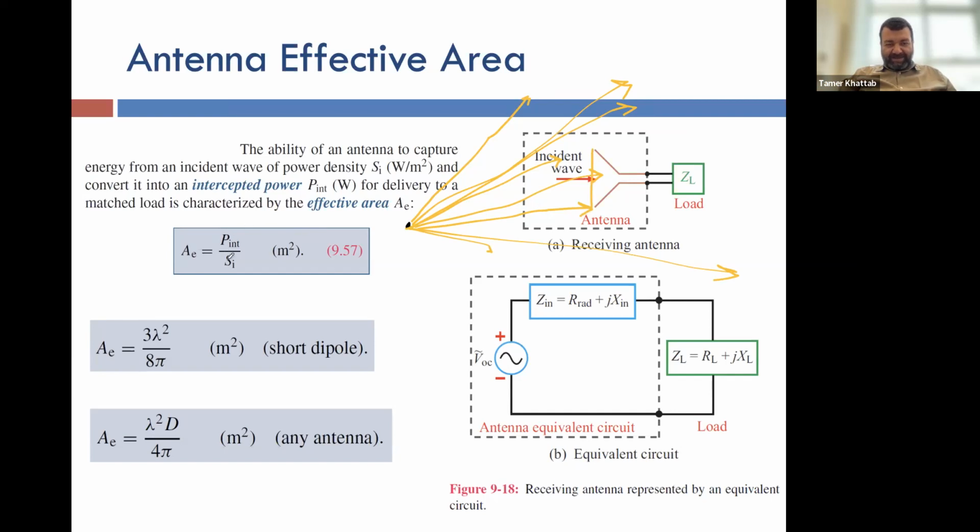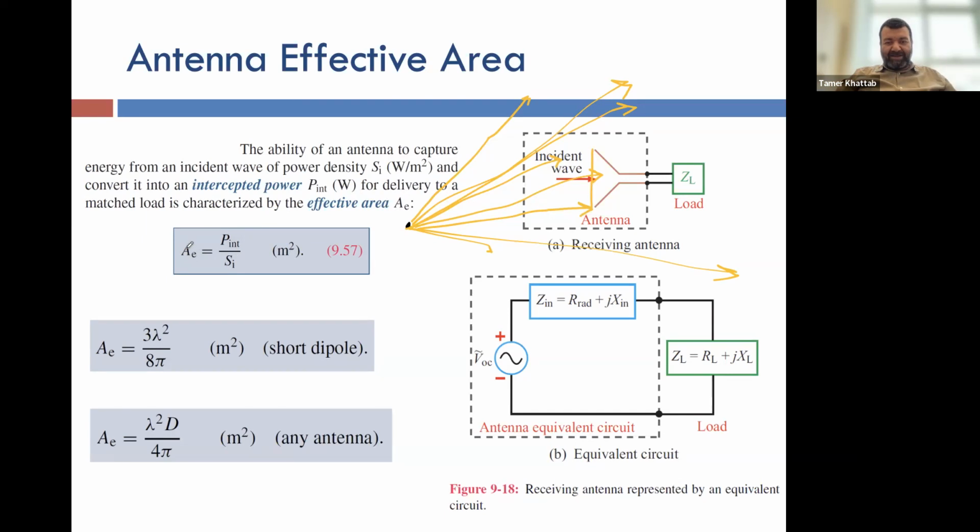If you take S in the denominator and the total power collected by the surface of the antenna, the intercepted power, in the numerator, the result will have a dimension of area, because S is power per unit area and P is power. So watts divided by watts over meter square gives meter square, which is a dimension of area. We call that value the effective area of the antenna.